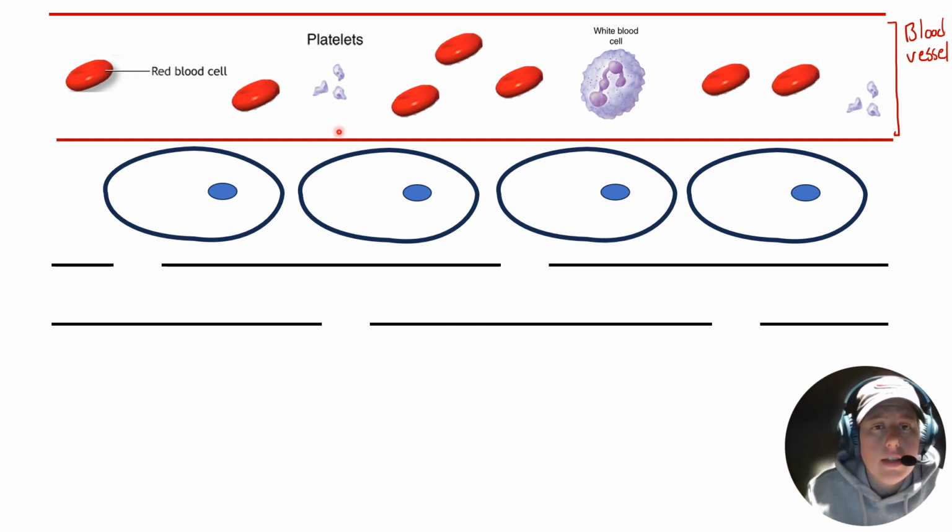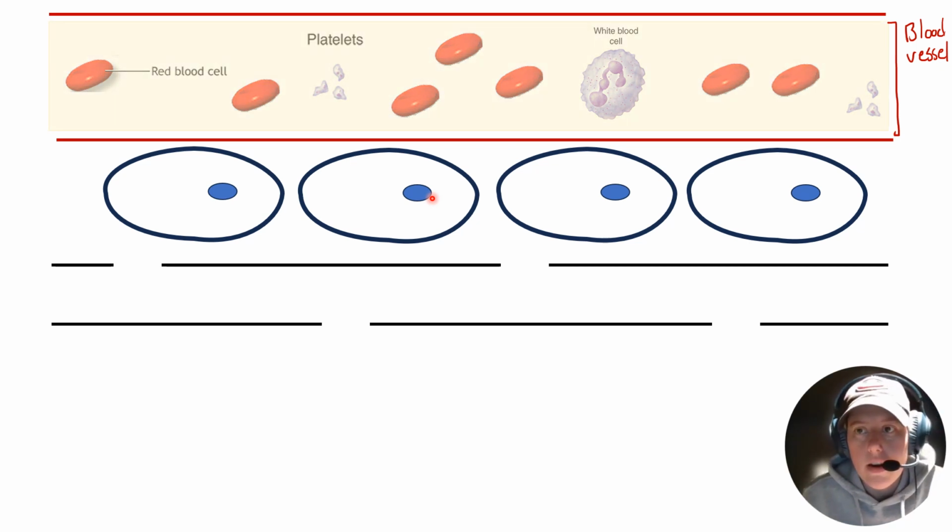Now, our red blood cells, our platelets, and our white blood cells are all suspended in the liquid component of blood, which is plasma, shown by the transparent, off-white, yellowish color that we have in our blood vessel. One thing you have to understand is that dissolved in our plasma, we're going to have nutrients, so I'm just going to change the color here.